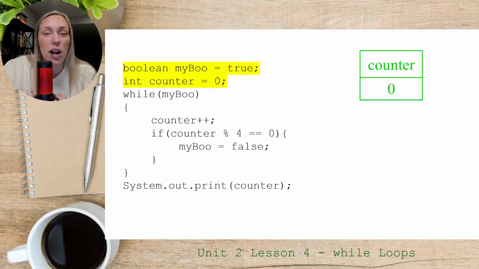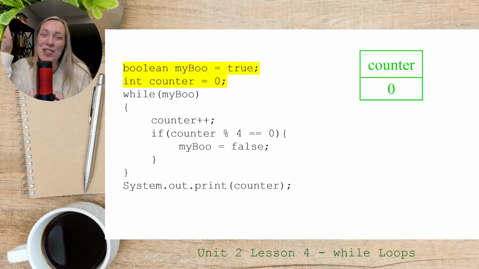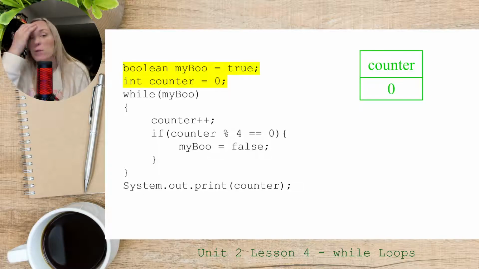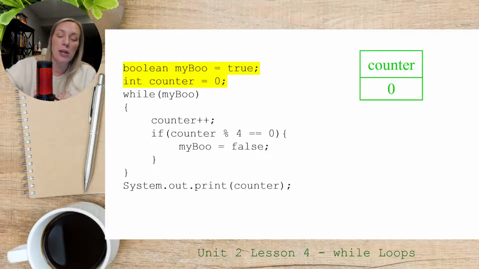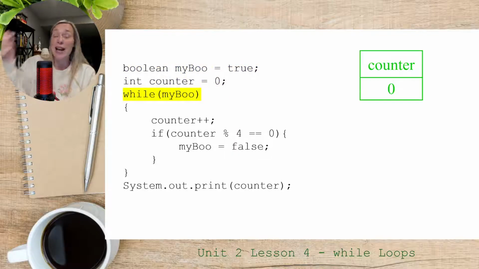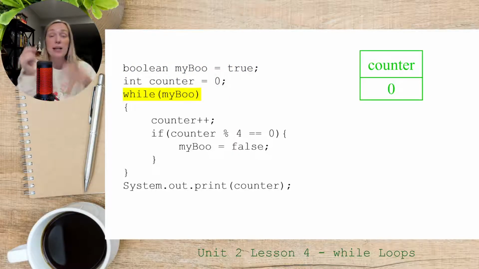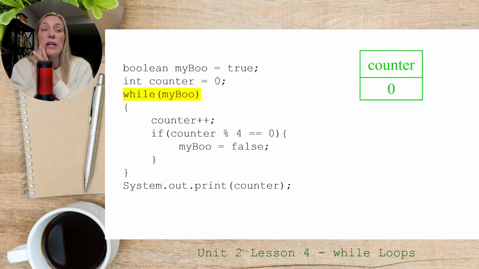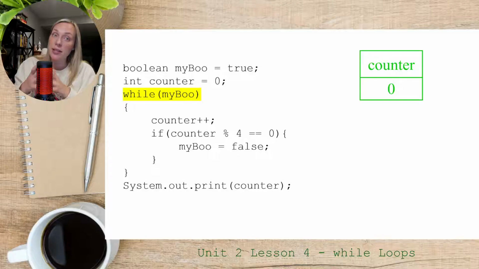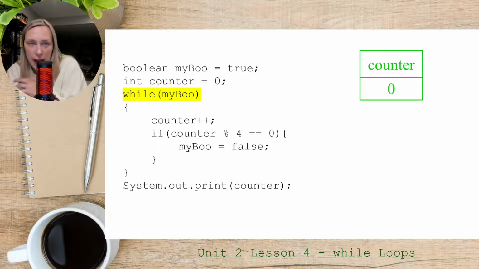So now I'm going to start off. Boolean myboo is true and counter is 0. Now, why do I have Boolean myboo equals true? Notice this while loop here. Just like the if statements, in the parentheses there, we need a Boolean expression. Sometimes that's a comparison, like counter less than or equal to 5.